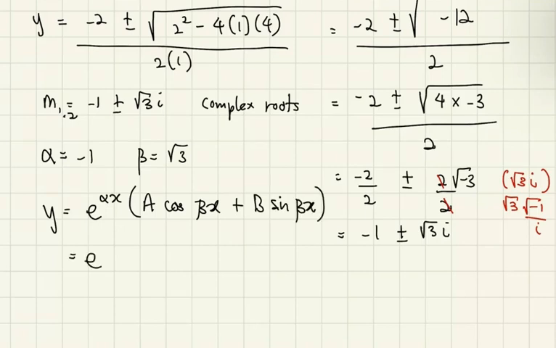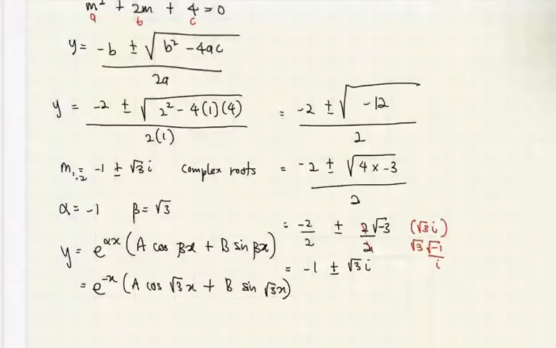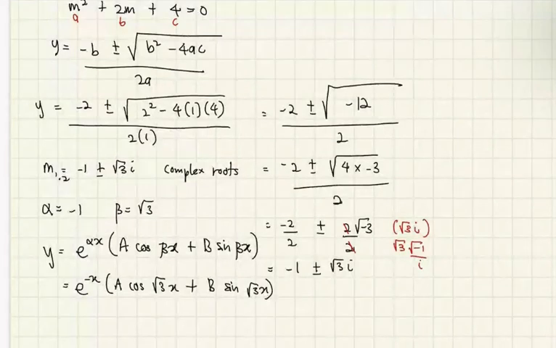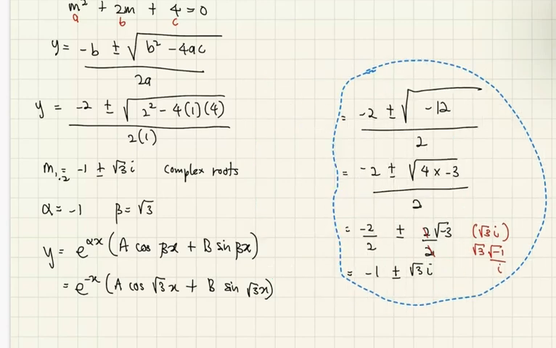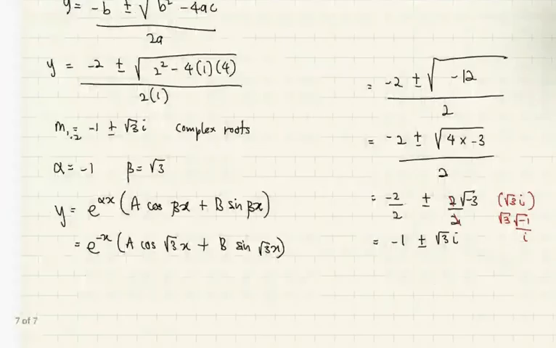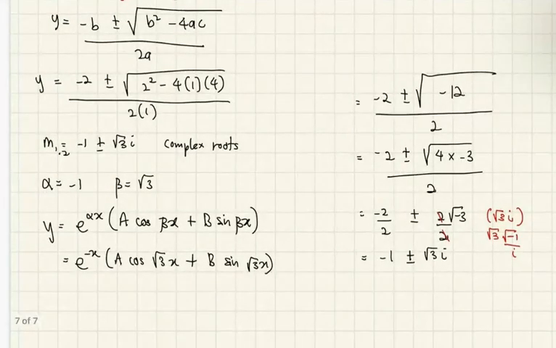So exponent minus x, a cos root 3x plus b sine root 3x. Okay, so this is our solution.